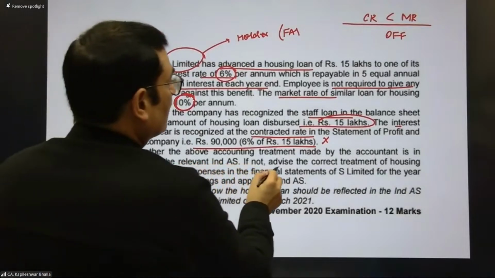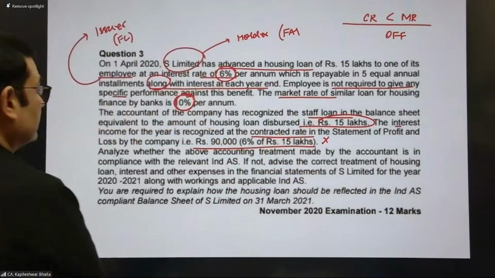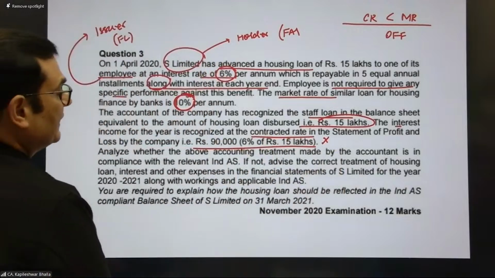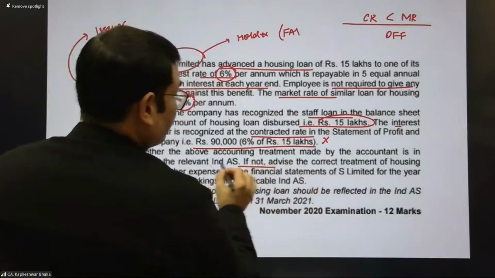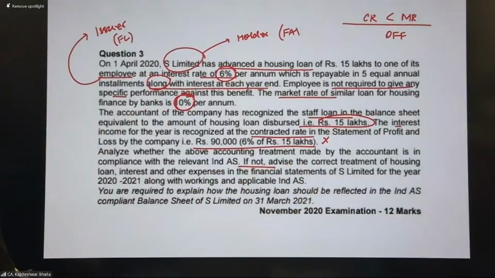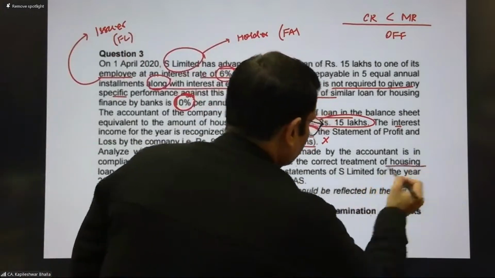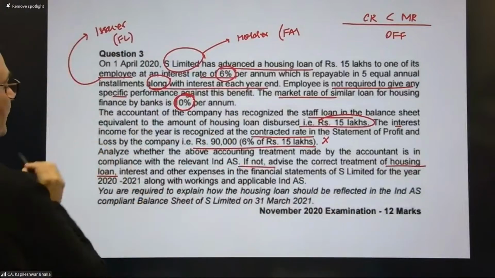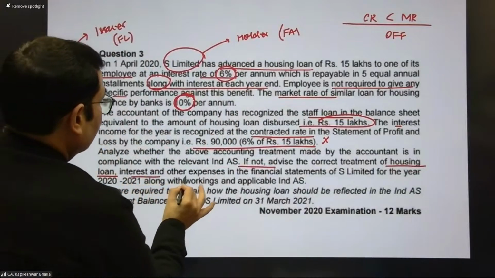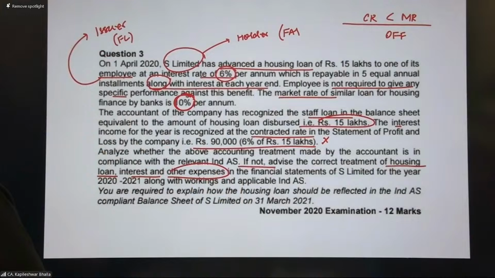Analyze whether the above accounting treatment done by the accountant is in compliance with Ind AS, and if not, of course it is not. Advise the correct treatment of the housing loan, that is one. So you need to rectify the amount of the loan and the interest and other expenses in the financial statements of S Limited for the year 2021. Why does it say other expense?